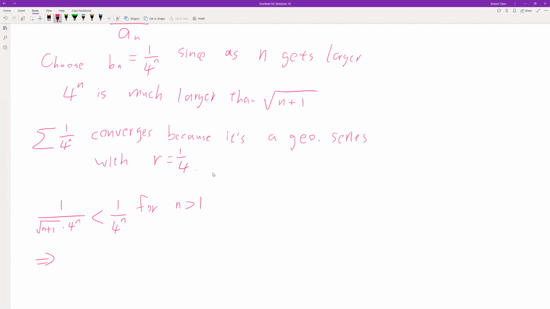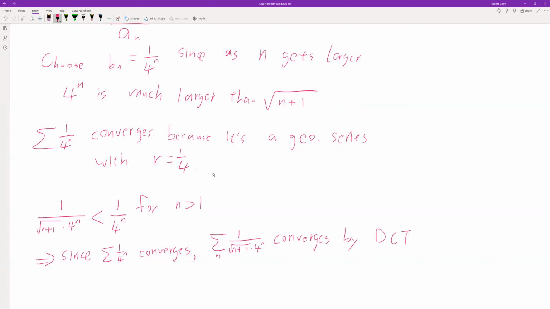Then we can say, since the infinite series of Bn converges, the original An converges by the direct comparison test.